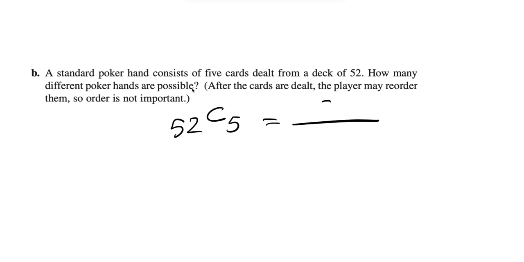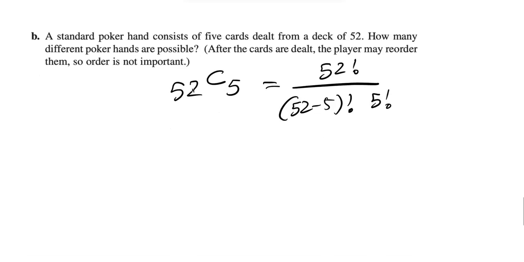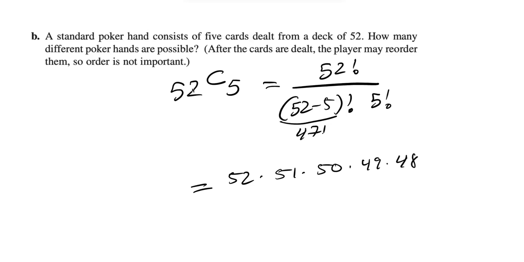So using the formula, it's 52 factorial over 52 minus 5 factorial times 5 factorial. So this is 47 factorial. So on top here, we're going to have 52 times 51 times 50 times 49 times 48 times 47 factorial. That's where I'll stop there. On bottom, we have 47 factorial.